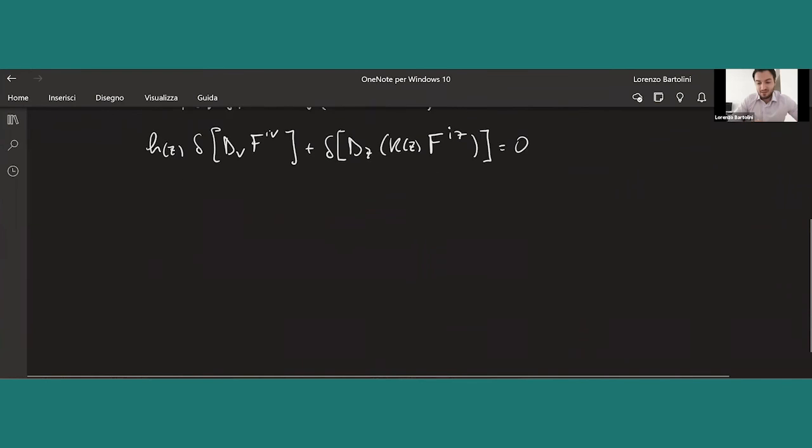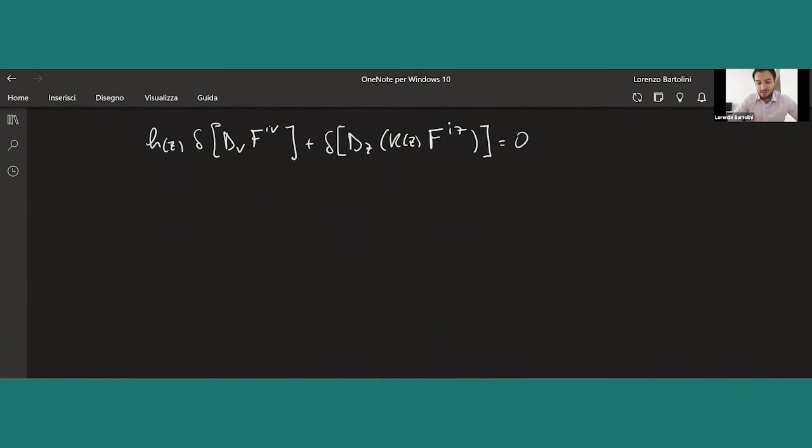Okay, now we have 2 more. And now we have the ones for the 0 components, which are minus k.